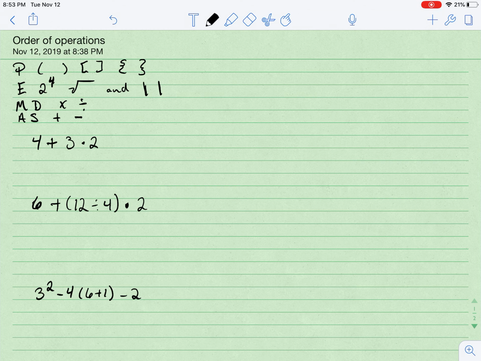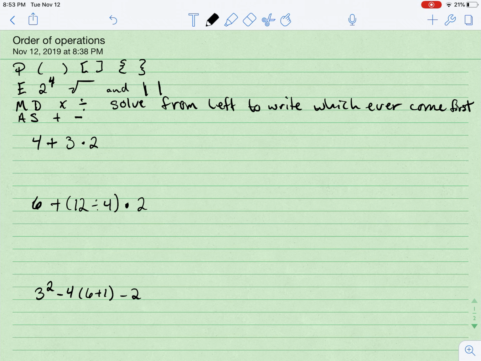And then multiplication, division. Now, one does not come in front of the other. You solve from right to left. Sorry, from left to right. Whichever comes first. So if you have division, then multiplication, you do the division first, then multiply.